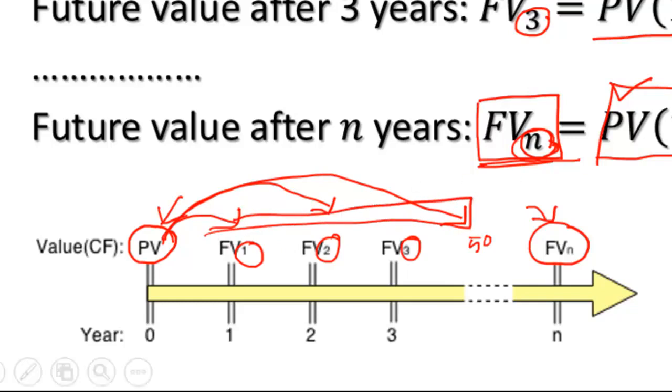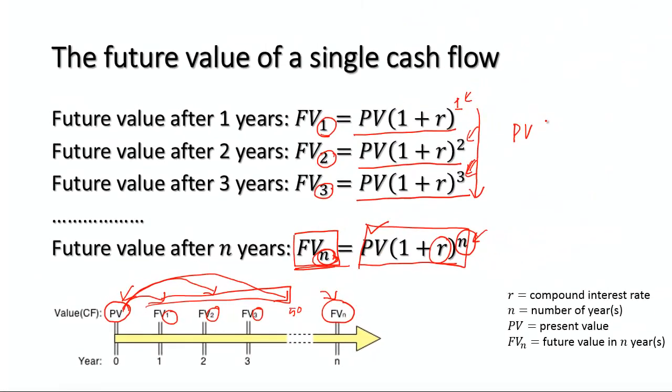In the compounding process, we multiply the present amount, because we know that if we want to be compensated for delaying our cash flow into future, then it must be a higher amount. So to make it higher, we multiply with (1 + r) to the power n. The process of finding the future value in this way is called compounding.